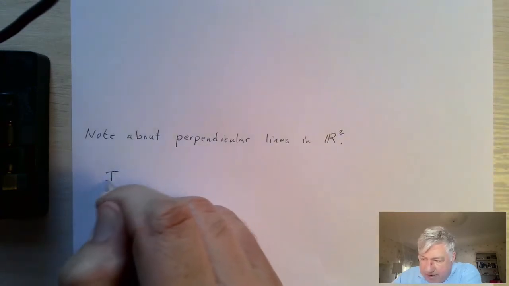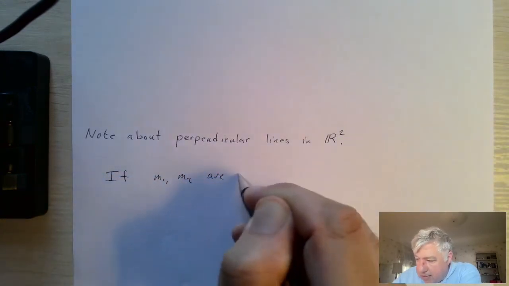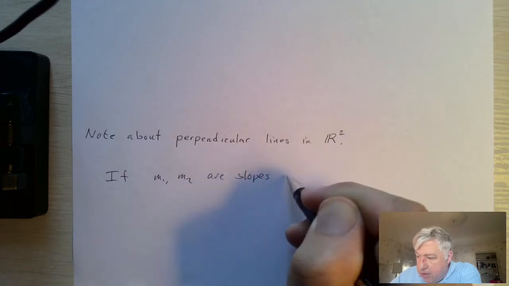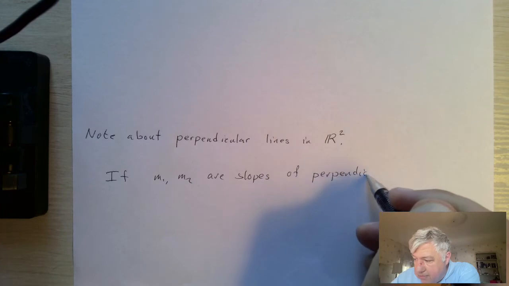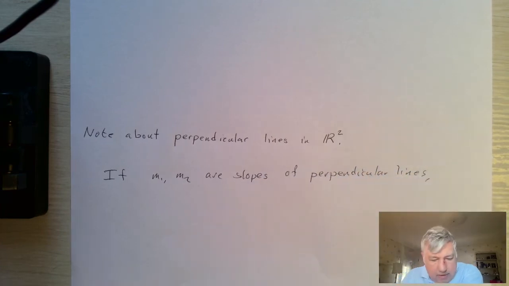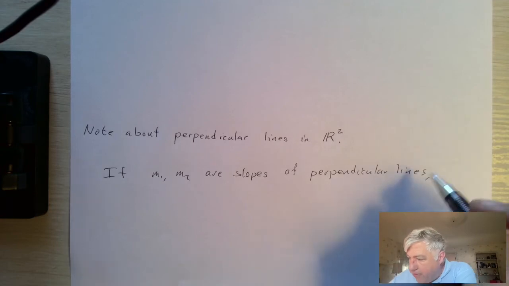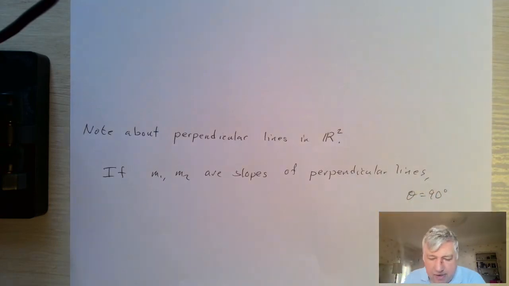If M1 and M2 are slopes of perpendicular lines, then we already know the angle has to be 90 degrees.